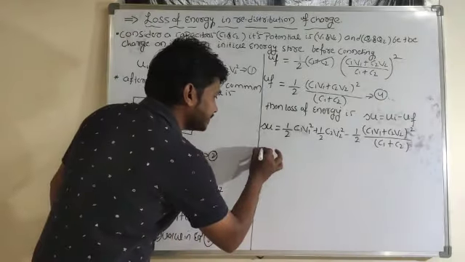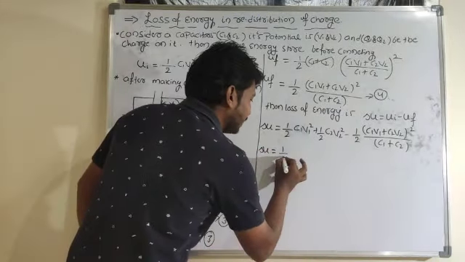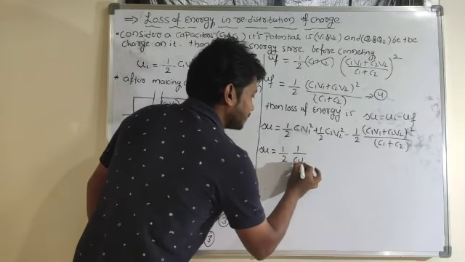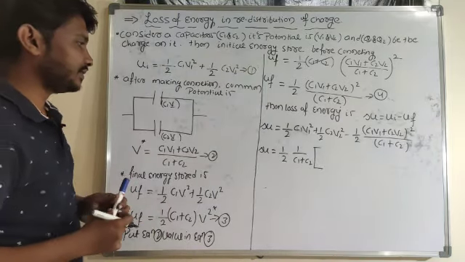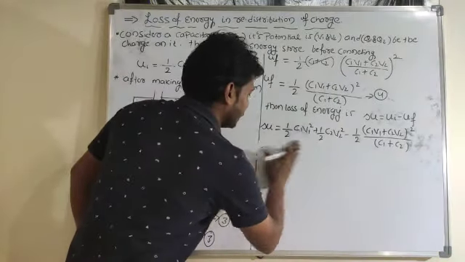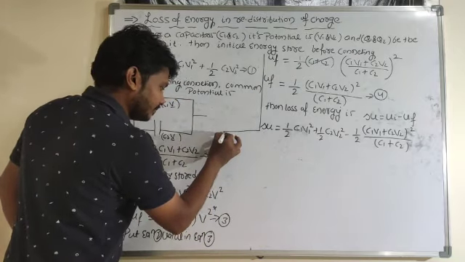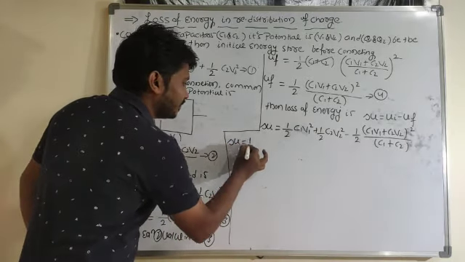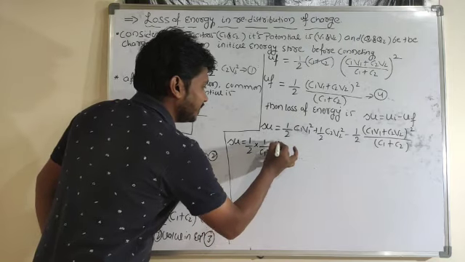Let me simplify this equation. Delta U is equal to, in this equation I will take one by two into 1 divided by (C1 plus C2) as a common factor here. Which thing do I need to take common here? So delta U is equal to 1 by 2 into 1 divided by (C1 plus C2).